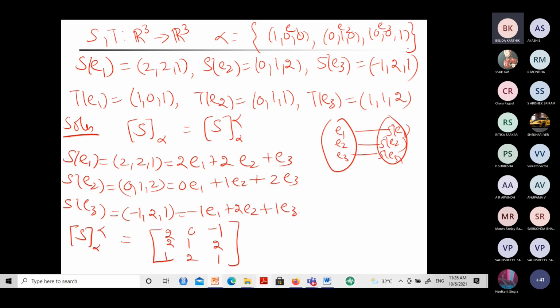So this is S alpha to alpha. Shall I directly write T alpha to alpha? Because T of E1 is already there, this you have to write in terms of E1, E2, E3: 1 E1 plus 0 E2 plus 1 E3.